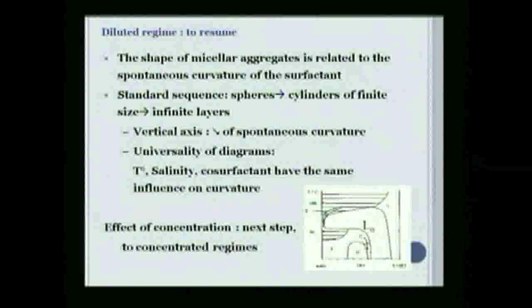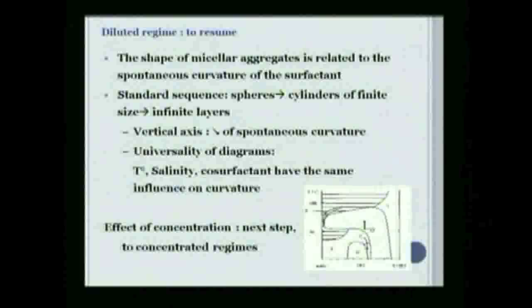So to resume, we have seen that the shape of the micellar aggregates is related to the spontaneous curvature of the surfactant. It's a very easy, convenient way to explain how it works. This induces a standard sequence from spheres to cylinders of finite size to infinite layers. We have seen that.